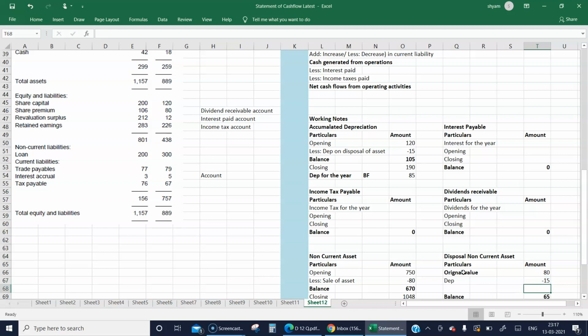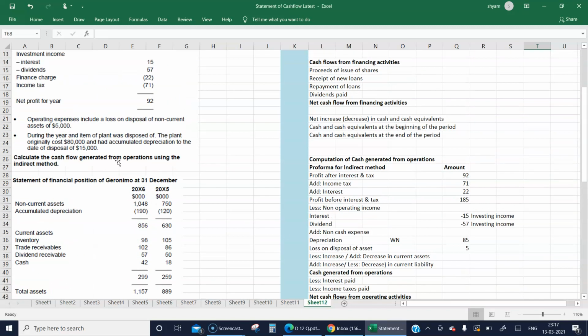That's both they have given. So the machine value is 80 and the depreciation on that is 15, and the loss on that machine is 5.